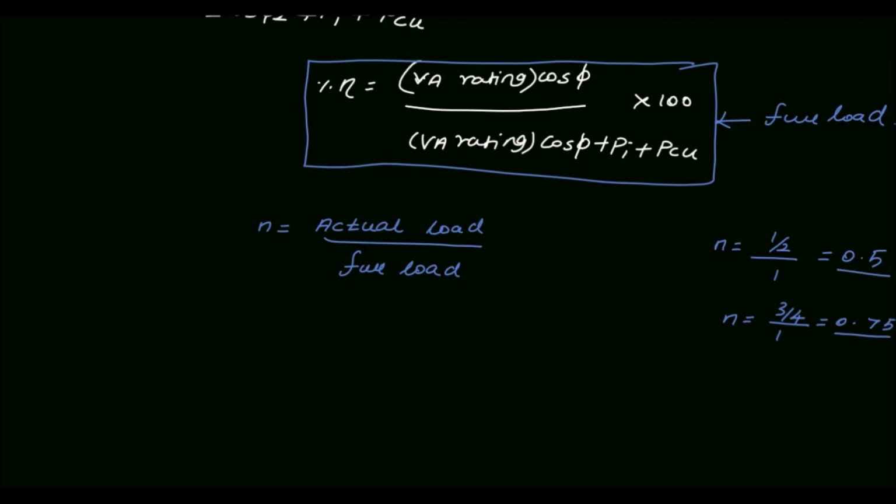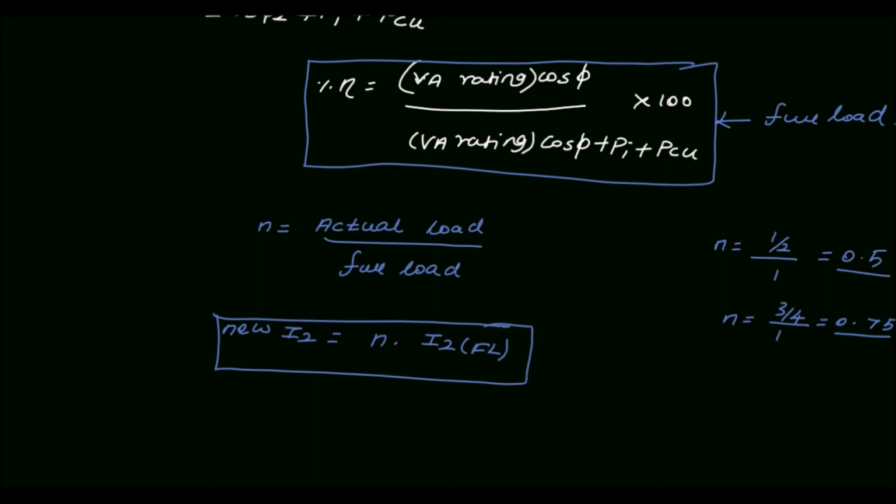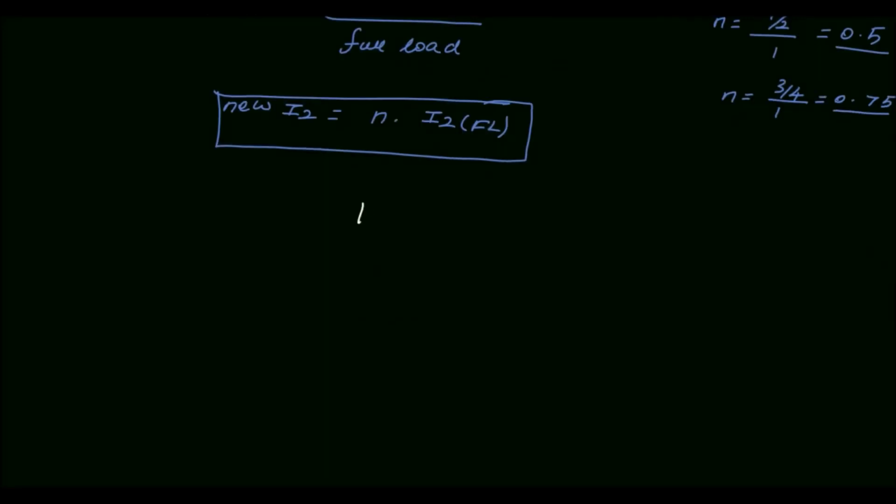The load current depends upon the load. So if there is a change in the load, the current also varies. The new load current I2 will be equal to n into the full load current. Similarly, the power output V2 I2 cos phi 2 will be reduced by the proportion of n.